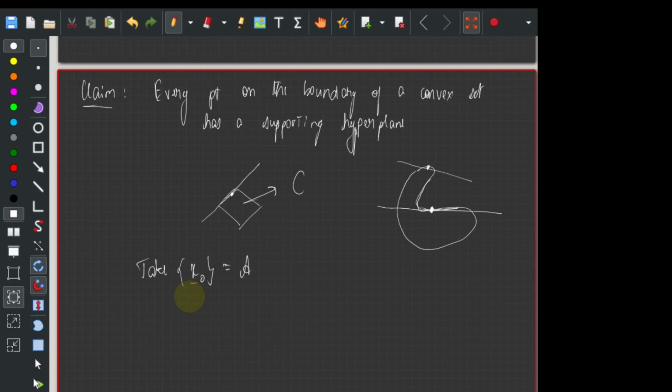Suppose I look at the interior of C. Is this a convex set? It's a convex set, right? And what is A intersection B?